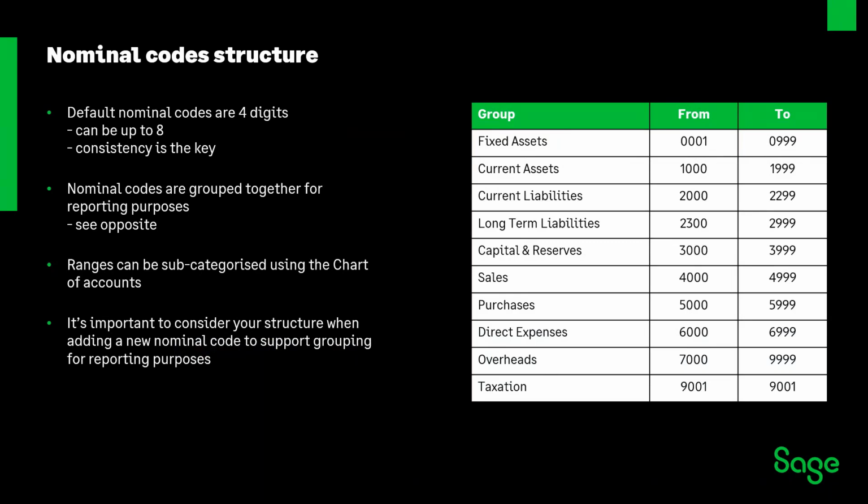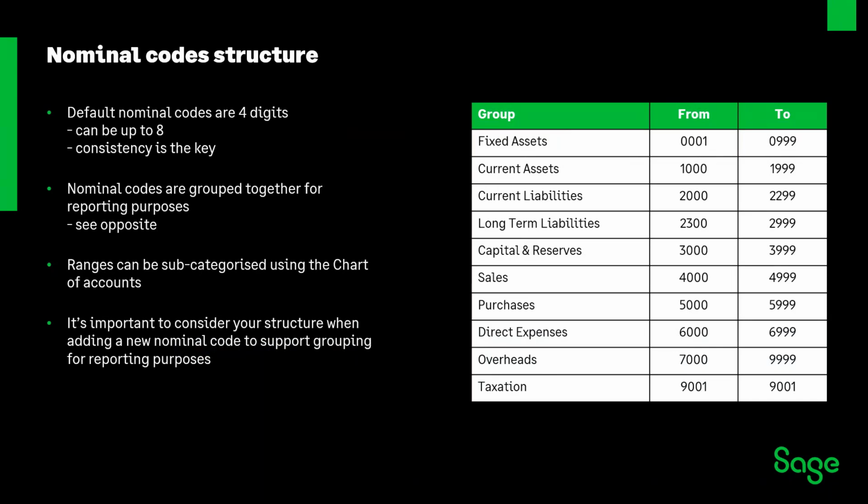Current liabilities starts at 2,000 and runs up to 2299. Your long-term liabilities nominal codes would be 2300 to 2999. Your capital and reserves are in the 3,000 range. Your sales nominal codes by default are covered in the 4,000 range, purchases in the 5,000, direct expenses 6,000, overheads 7,000, and then the 8,000 and 9,000 ranges as well.